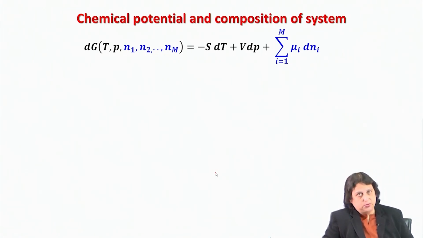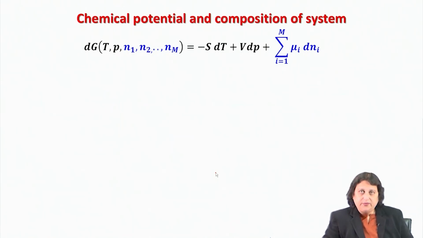The answer is no, and that is the reason why we would like to connect the chemical potential to the more commonly measured quantity of the system, that is the composition or the concentration.